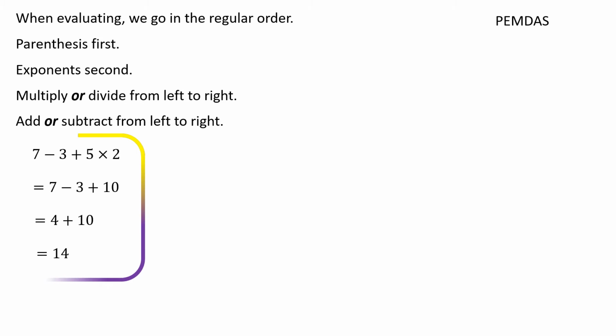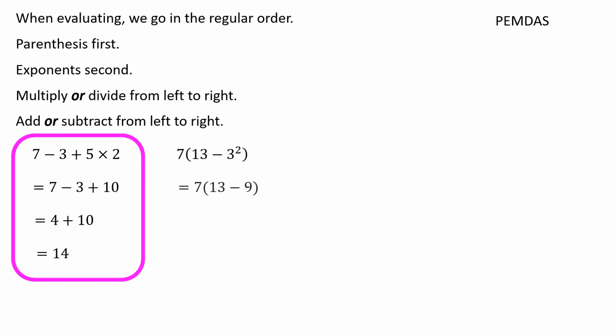Let's get a second example up here. Ooh, we got to start inside parentheses this time. And then inside the parentheses, I see subtraction and I also see an exponent. Well, we do exponents before we do subtraction. So I'll have to do the exponent. 3 squared. 3 times 3 is 9. Now I can do the subtraction. 13 subtract 9 is 4.